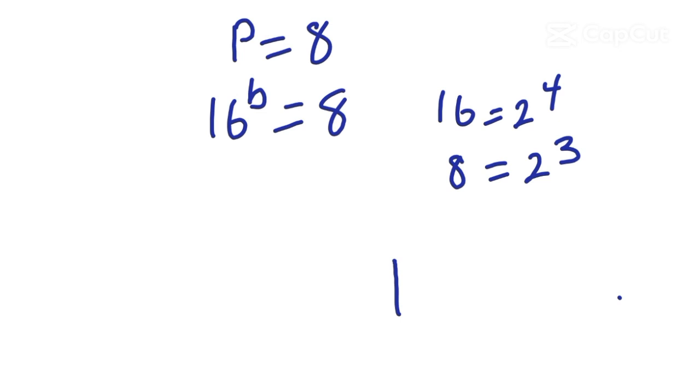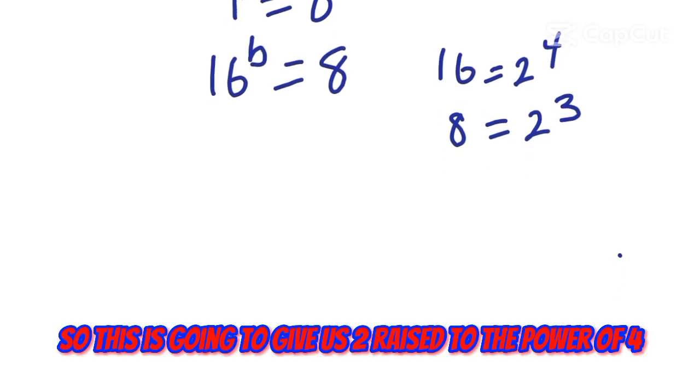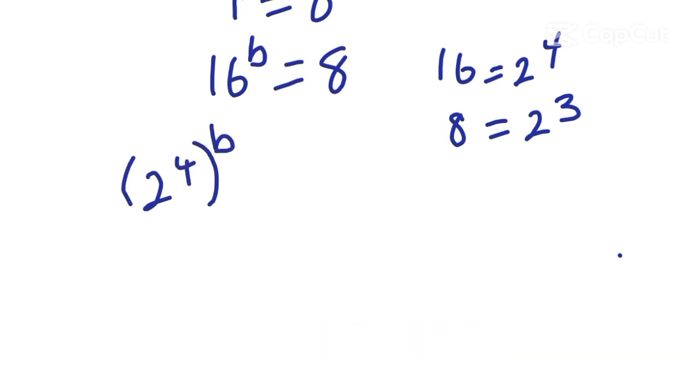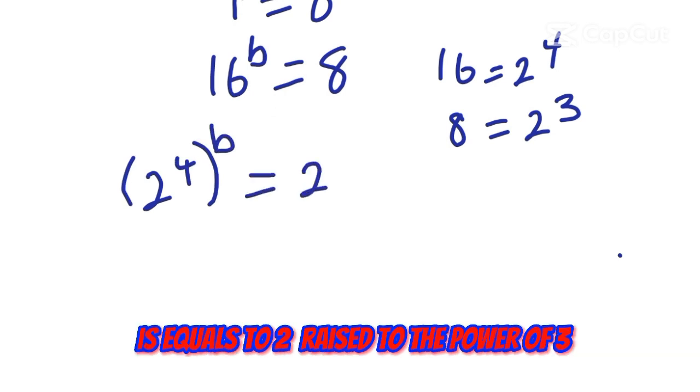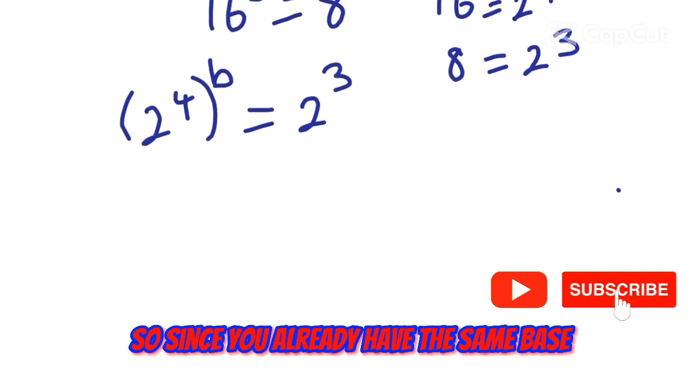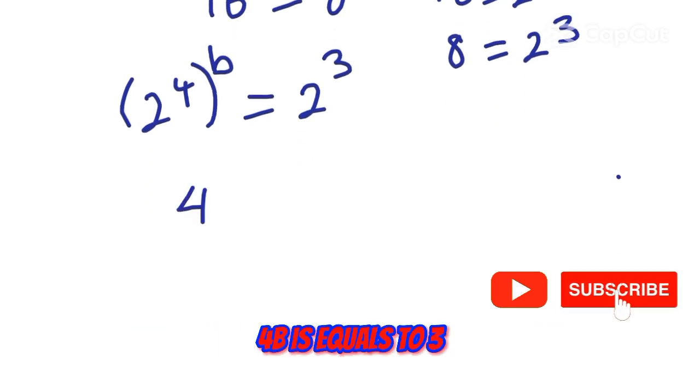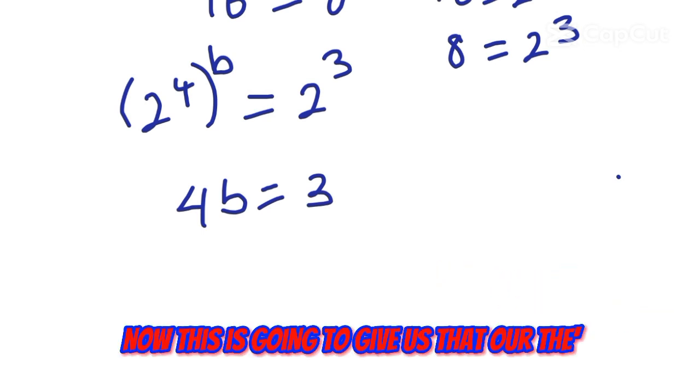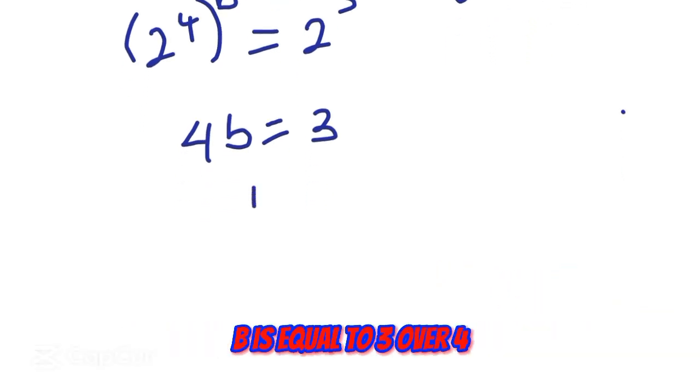So this is going to give us 2 raised to the power of 4 raised to the power of b is equal to 2 raised to the power of 3. So since they already have the same base, we're left with 4b is equal to 3. Now it's going to give us that our b is equal to 3 all over 4.